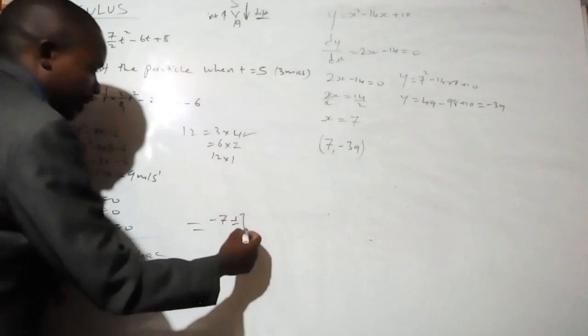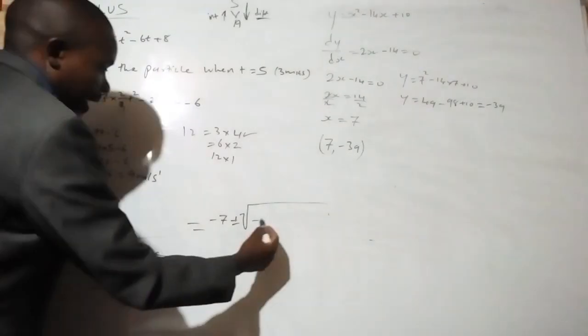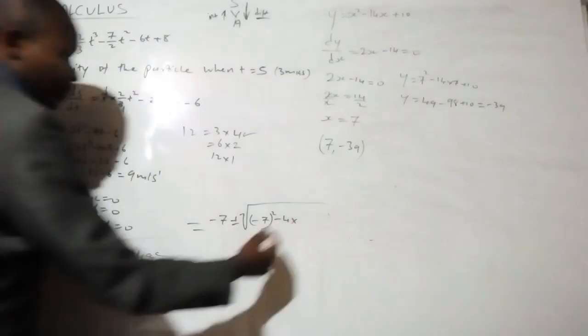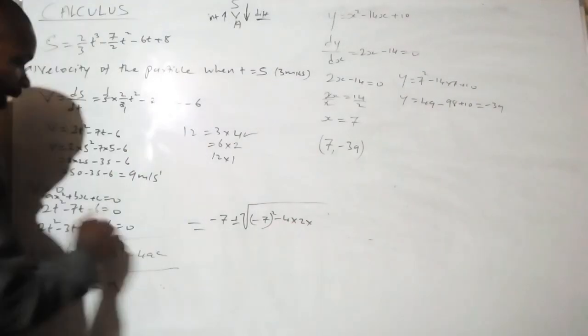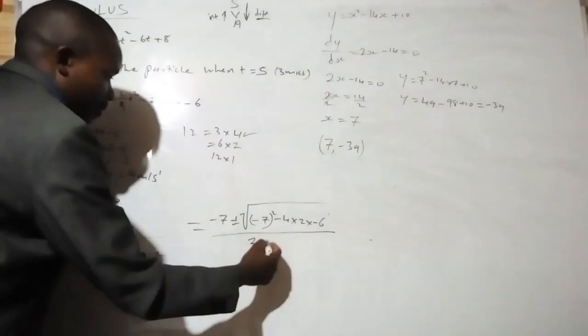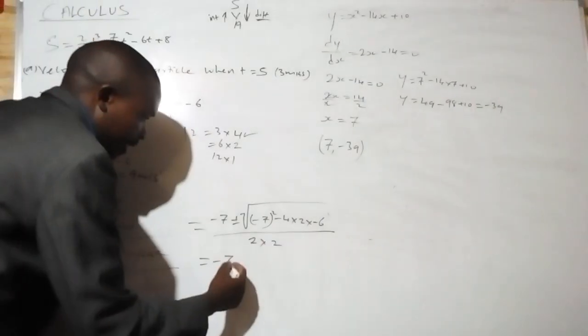We pick negative 7 squared minus 4 times a, it's 2, times c, negative 6, all over 2 times a. 2 times a, it's 2.